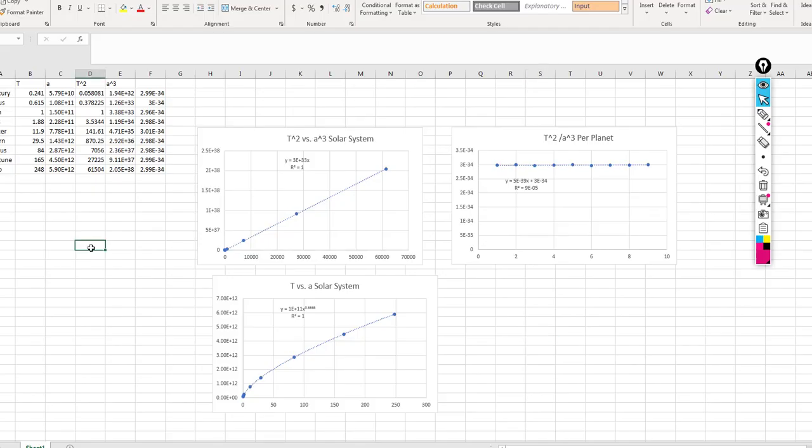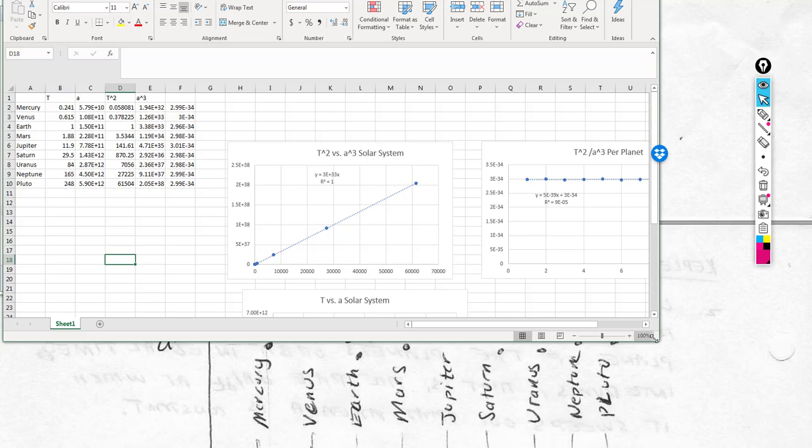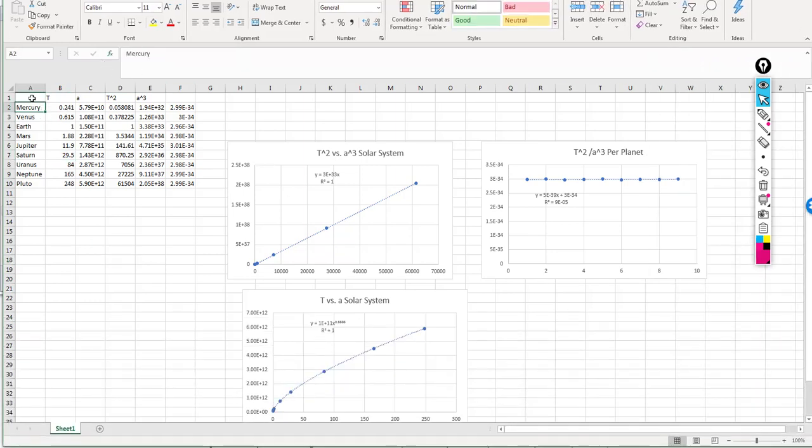So I have here a spreadsheet that is showing Kepler's laws here, and I'll move this over so you can see it in the actual recording area. But over here, I have the different planets in our solar system: Mercury, Venus, Earth, Mars, Jupiter, Saturn, Uranus, Neptune, and Pluto.